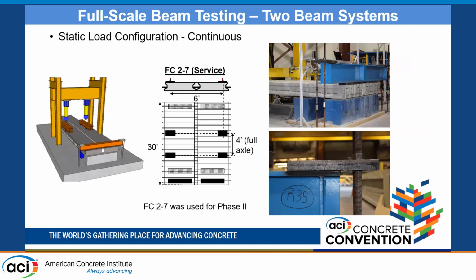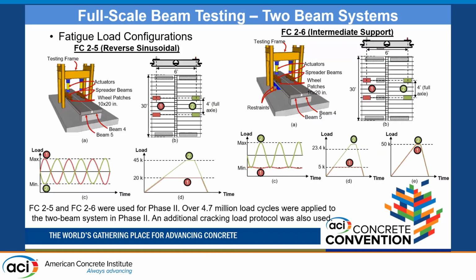Also, during phase 2, we experimented with trying to impersonate a continuous connection by restraining the rotation of one end of the system, as you can see here in the figure. Phase 2 also had fatigue or cyclic performance, 2 testing configurations. Reverse sinusoidal loading was applied to FC25 and FC26.